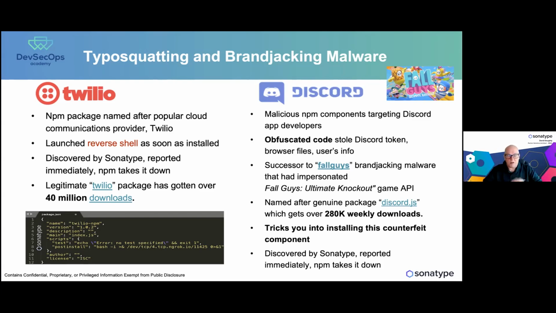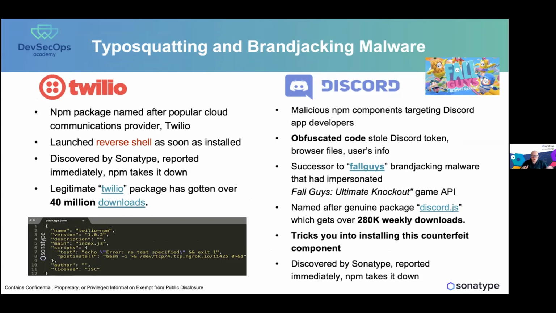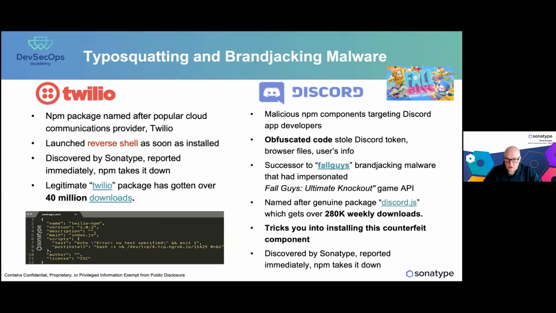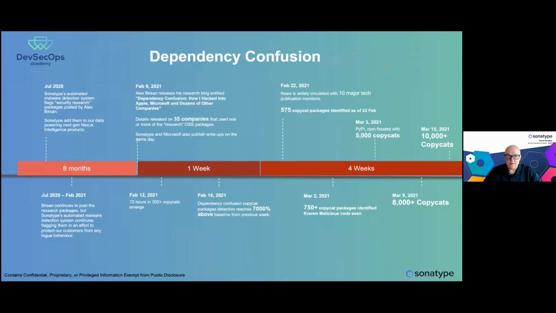So that's just a couple of examples. There are lots. If you take a look at the Sonatype blog, you can see a lot of details about varying package attacks that have occurred. Something that was highlighted at the beginning of this year was the dependency confusion type attack.